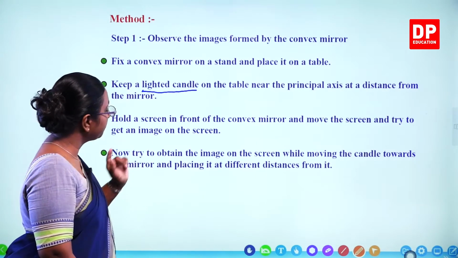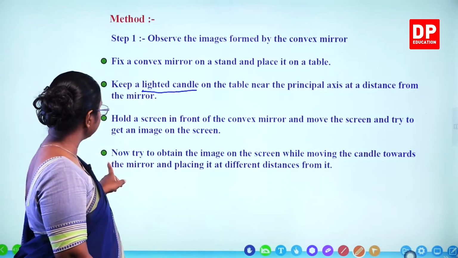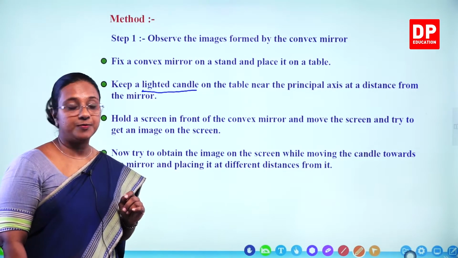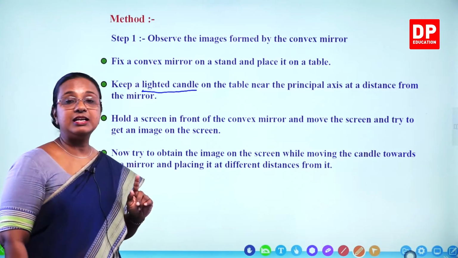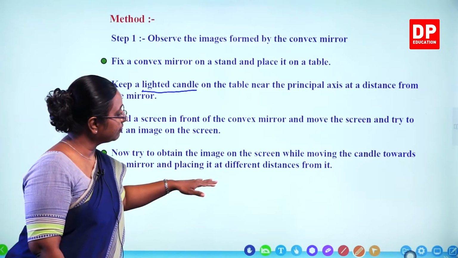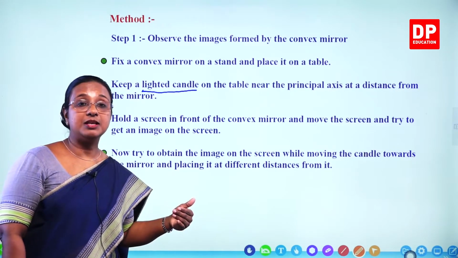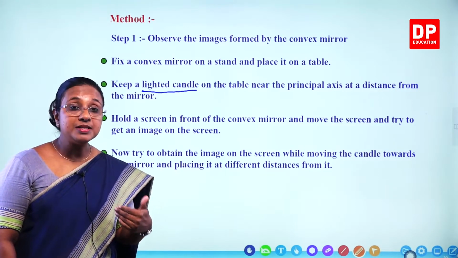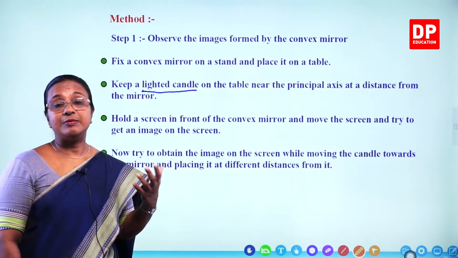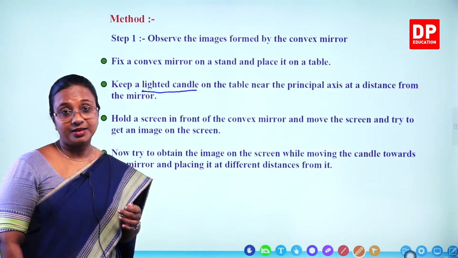Now try to obtain the image on the screen while moving the candle towards the mirror and placing it at different distances from it. So if we can't get an image on the screen at this point, then what we do is we move the candle towards the mirror. So there we are moving the position of the object. So then also we will see whether we get an image on the screen.